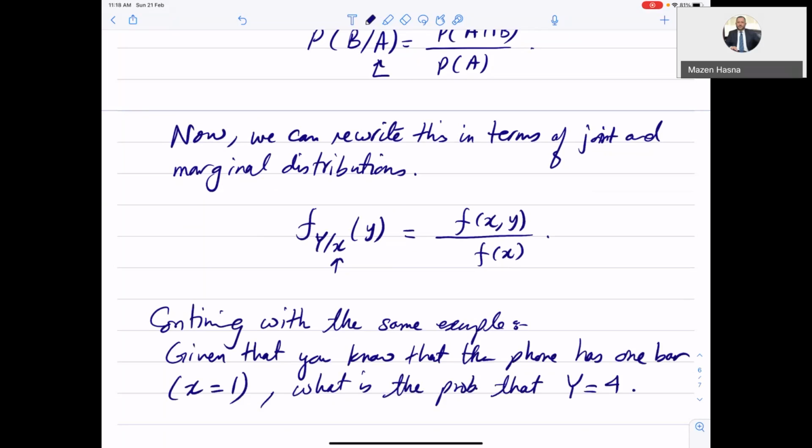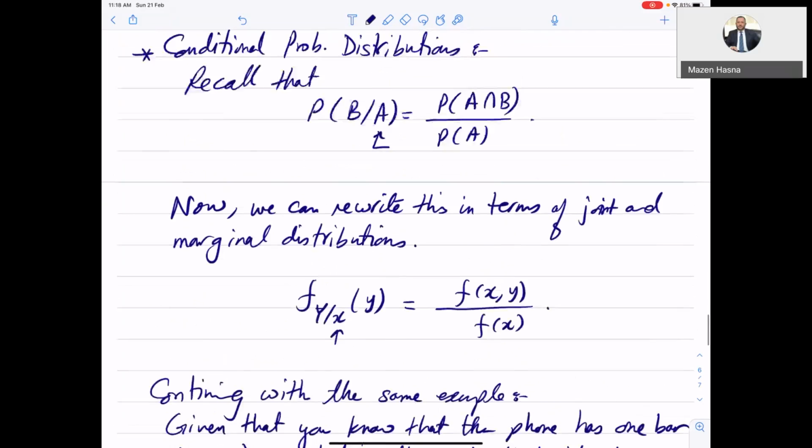Which means, what's the probability that you will need to repeat the city name 4 times if you know already that you have only 1 bar on your phone?